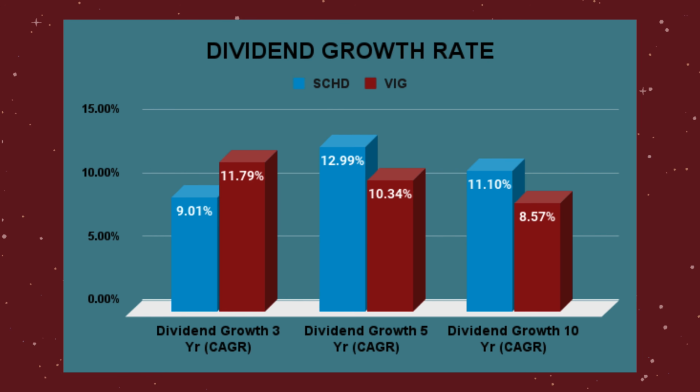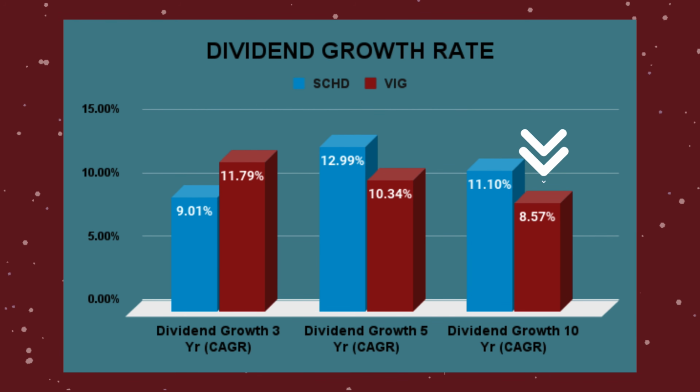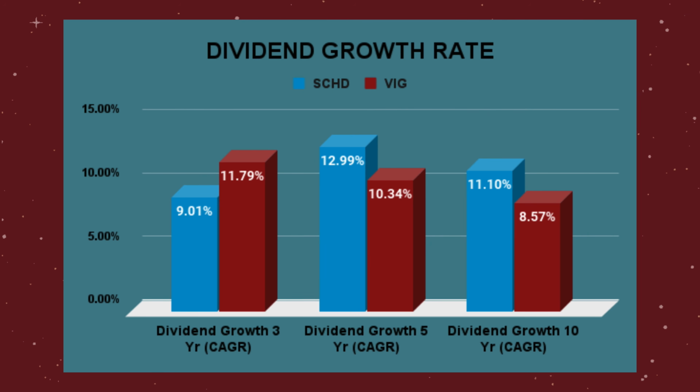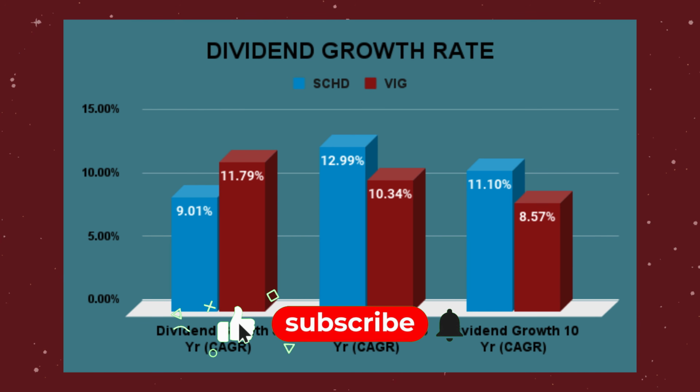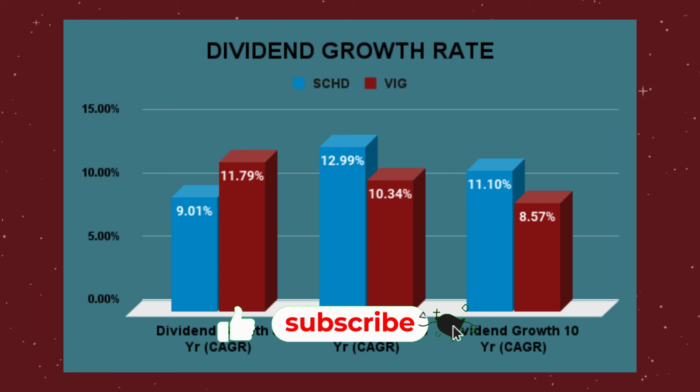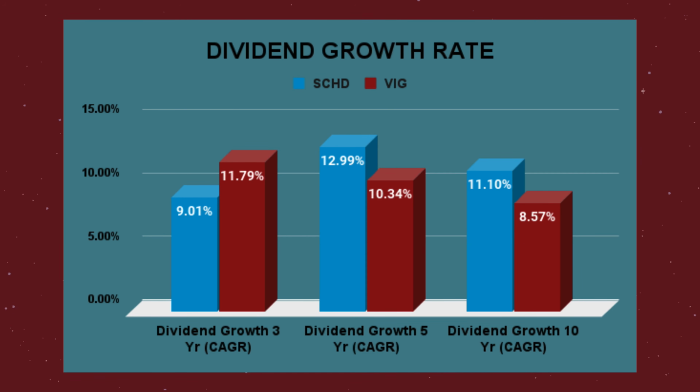Looking at the 10-year, SCHD continues to outperform with 11.1%, while VIG follows with 8.57%. This comparison highlights VIG's strong short-term dividend growth, making it a good option for investors seeking a mix of dividend growth and capital appreciation. However, SCHD's strength lies in its ability to provide sustained dividend growth over long periods of time.